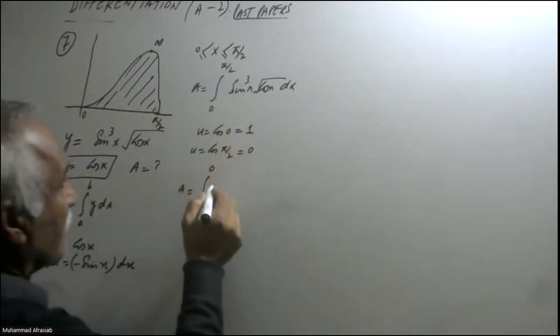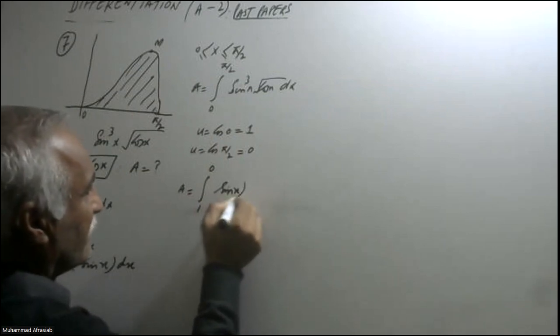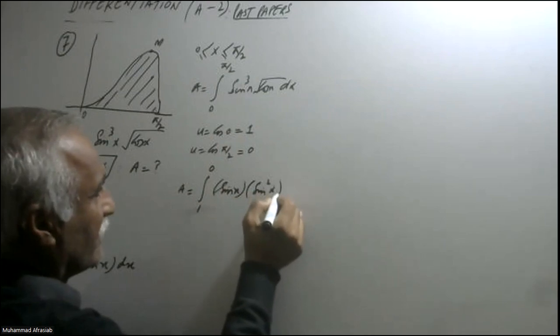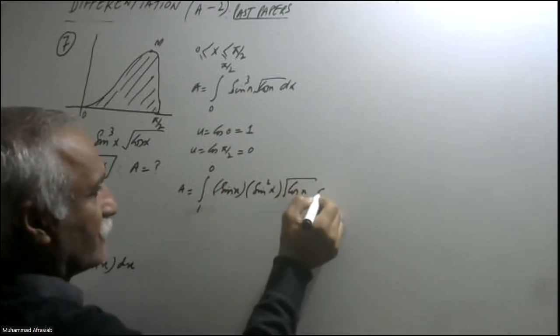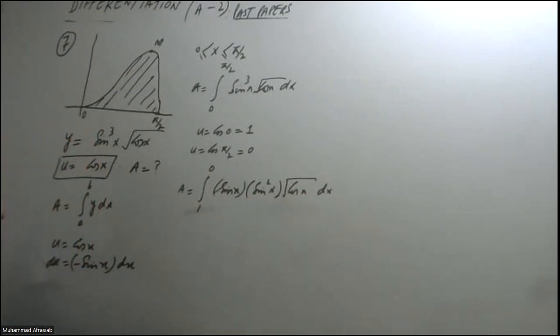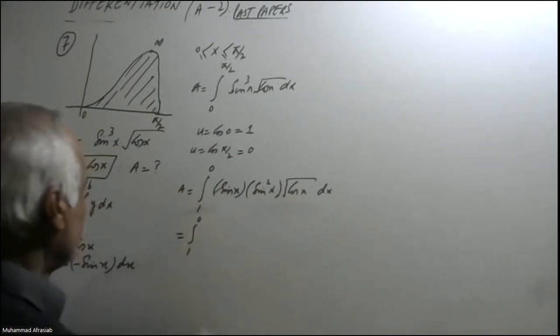Then sine cube of x is written as sine of x into sine square of x into square root of cos of x into d of x there. That will be equal to the integral from 1 to 0.